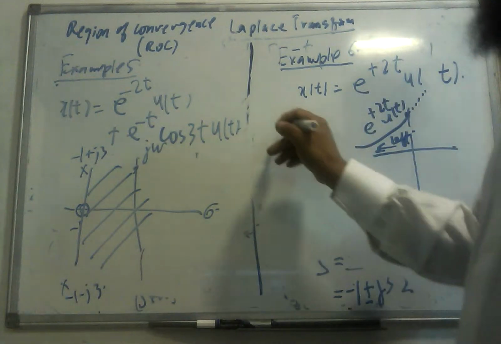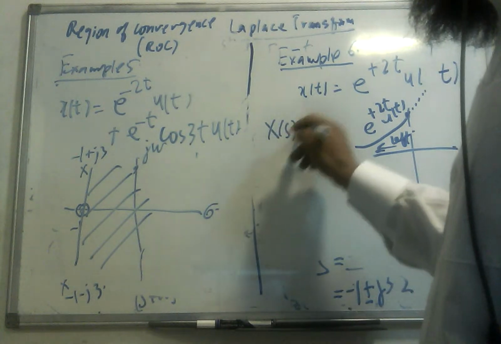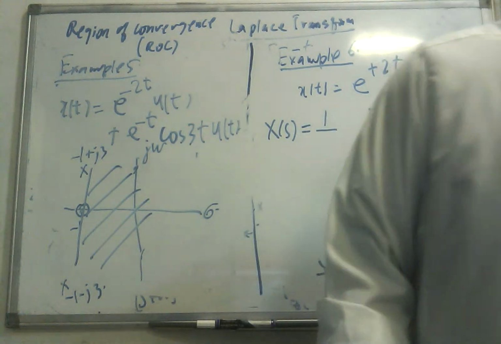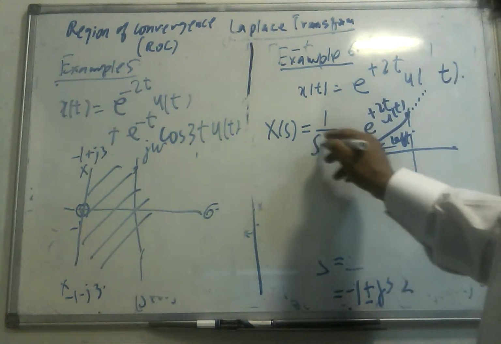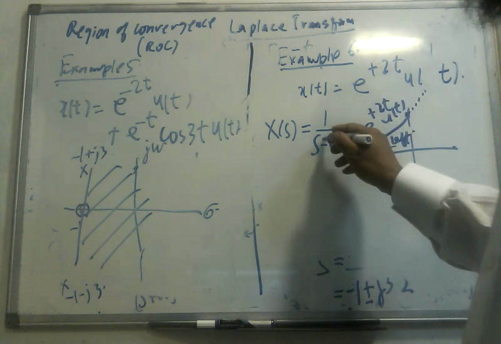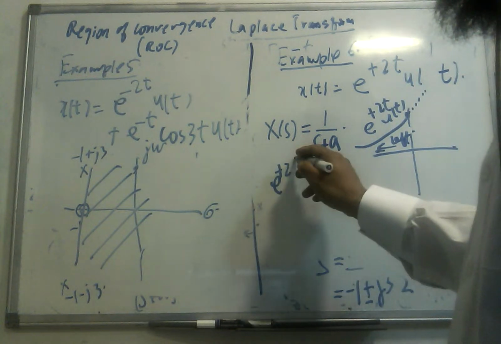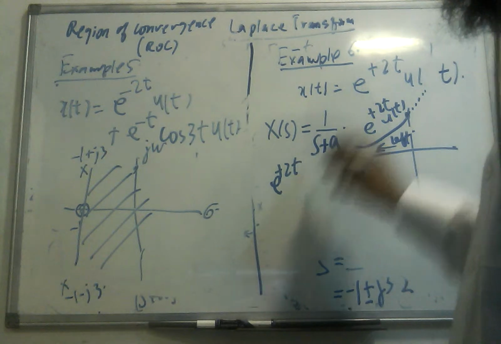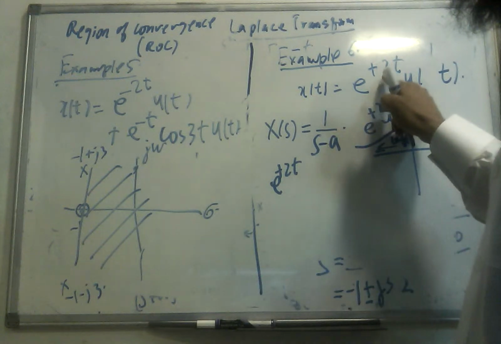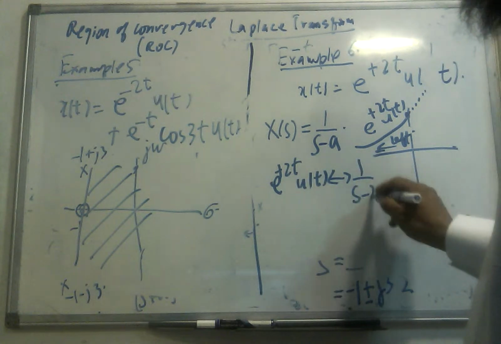So first of all, let us look at the Laplace from the formula, x of s. I can look at the table, and it is 1 over s plus a. So a is 2, so this will be e raised to the plus 2t. No, this is s minus a, so a is minus 2.